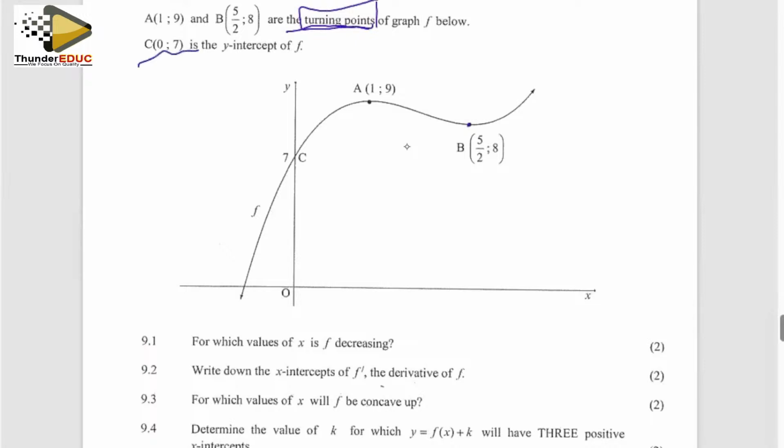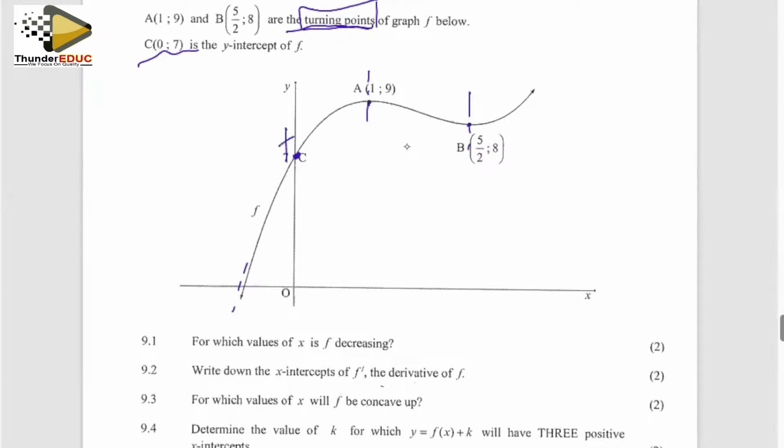C, which is the y-intercept, is there comfortably. They want us to determine the values of x for which f is decreasing. So that can be obtained from the turning points, okay? So before 1, this graph is increasing, okay? That's a plus.